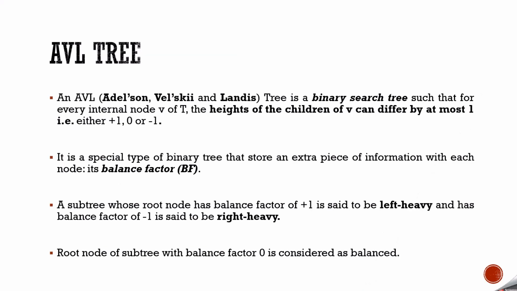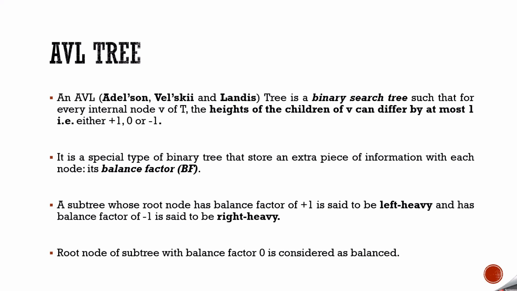Now the name AVL has been given from the originators, that means Adelson, Velsky and Landis. Their first letters have been taken as AVL to name the technique, called the AVL tree. So the AVL tree is nothing but a binary search tree, with some additional things included.